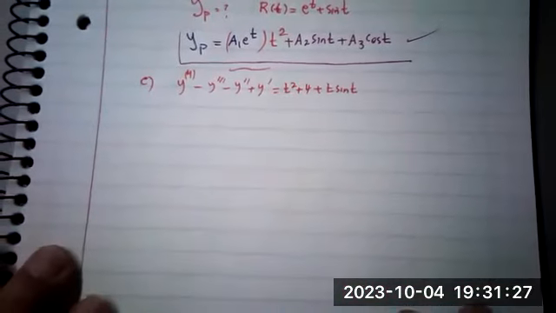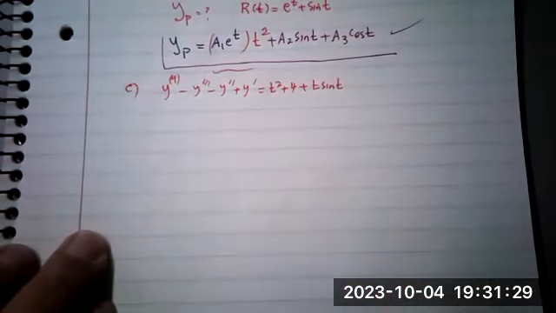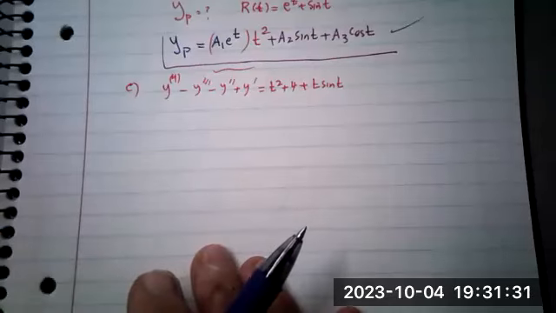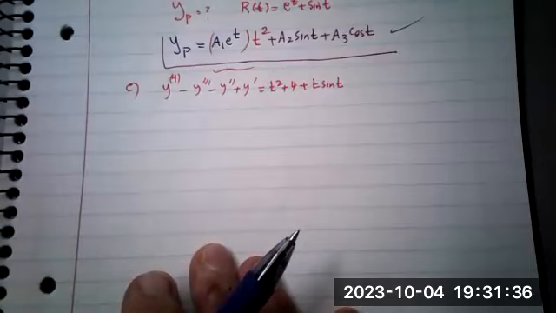That's the equation. So y to the fourth order, then you go down to the third, to the second, to the first. The other side is t squared plus 4 plus t sine t.